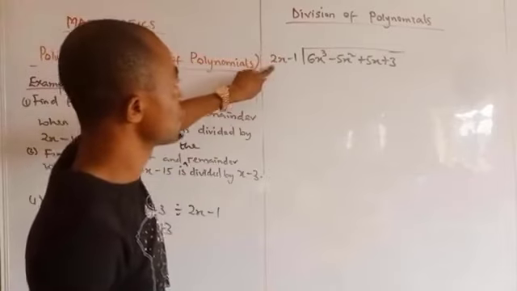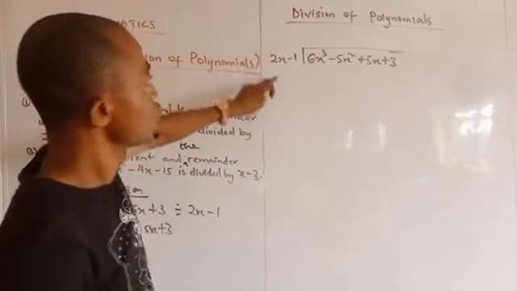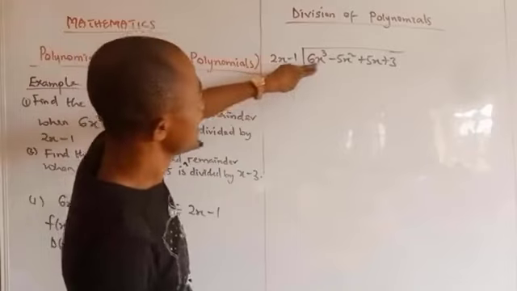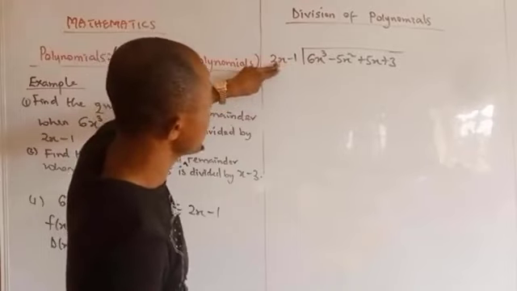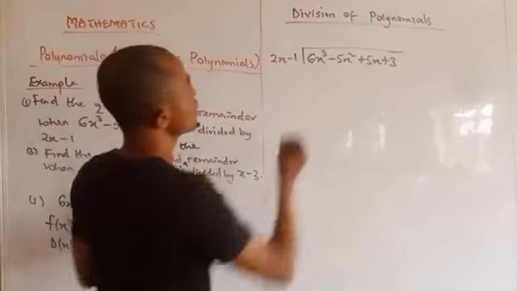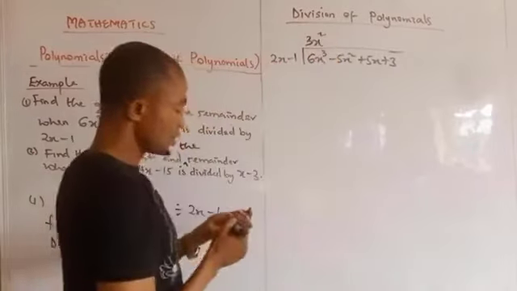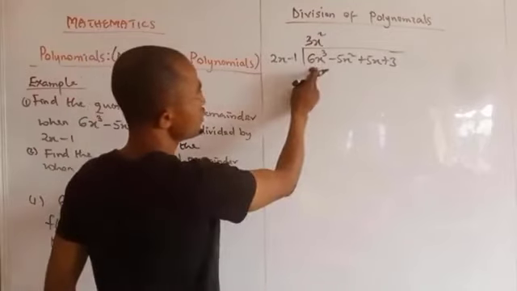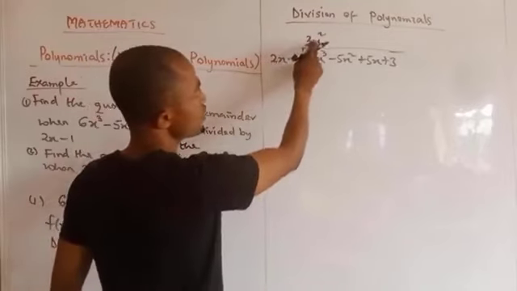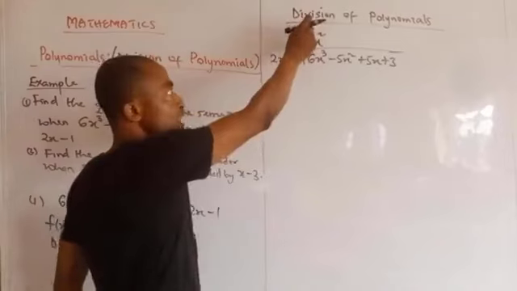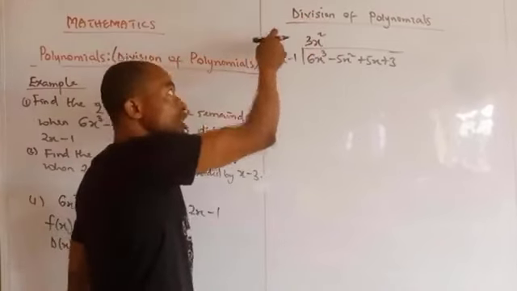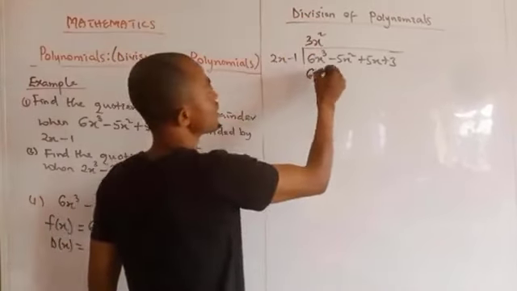This term that we are seeing here, 2x. We say 6x cubed divided by 2x, and that is going to give us 3x squared. So this 3x squared, we'll use it to multiply this 2x again. That will give us 6x cubed.